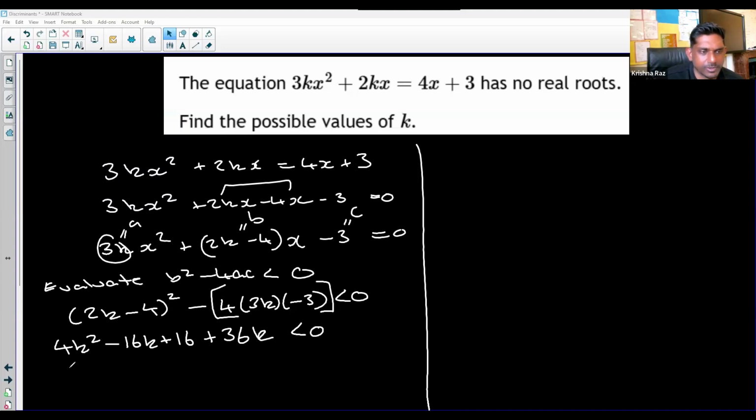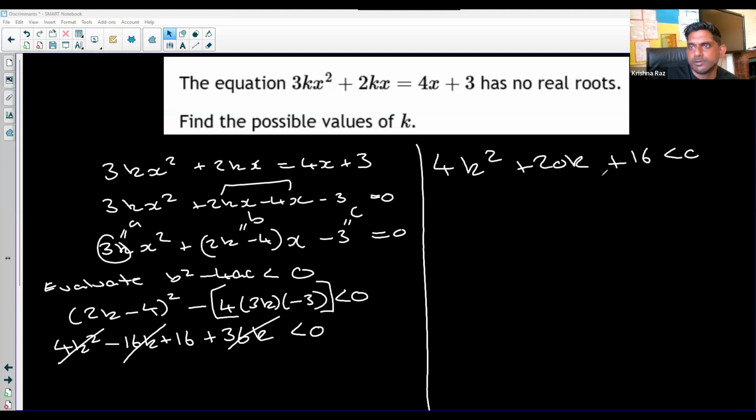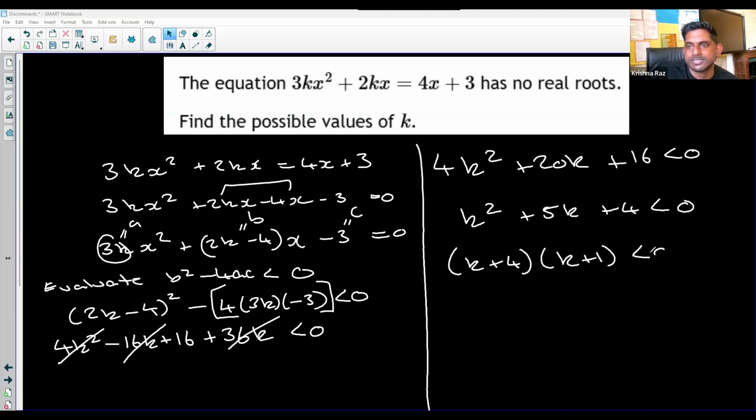So we have 4k squared minus 16k plus 36k, which is plus 20k, plus 16 is less than 0. Well, there's a nice common factor of 4 there. So that'll be k plus 4, k plus 1 is less than 0.